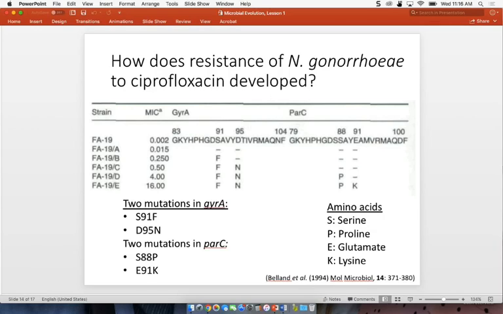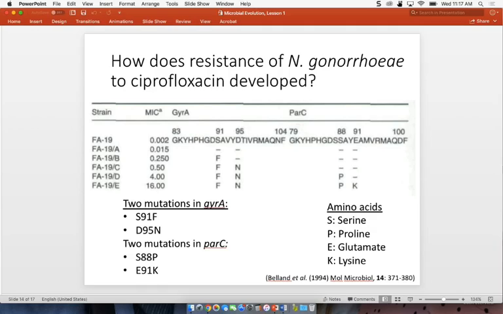So here, if we were, for example, using, let's say, 4 micrograms per mil of ciprofloxacin, it's going to inhibit the growth of all of these strains that have 3 or fewer mutations, okay? But it would select for the growth of those that have 4 mutations.